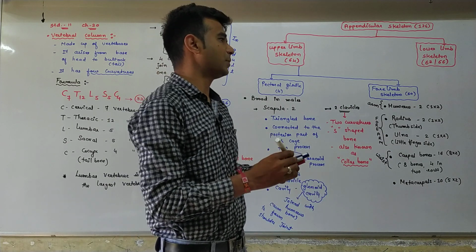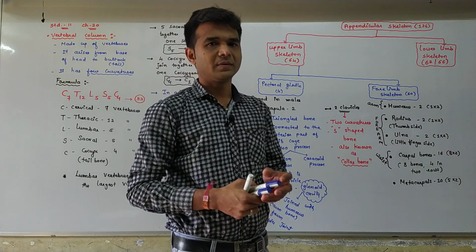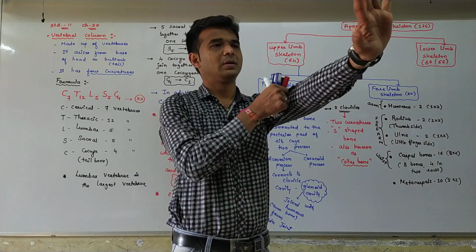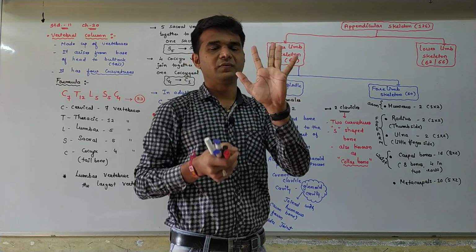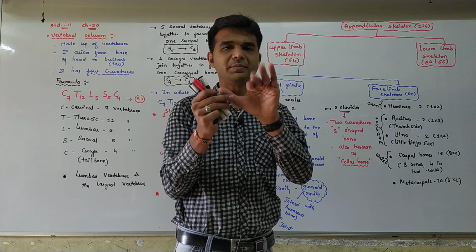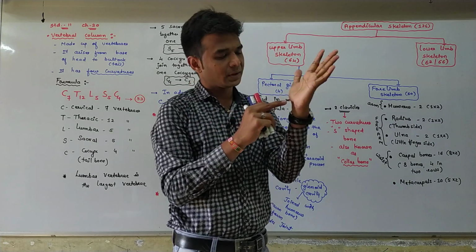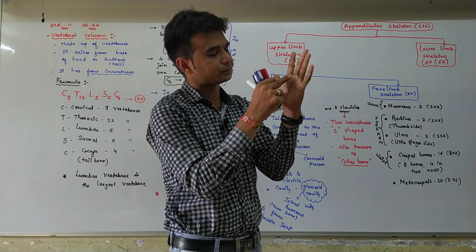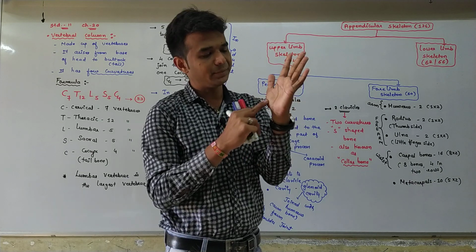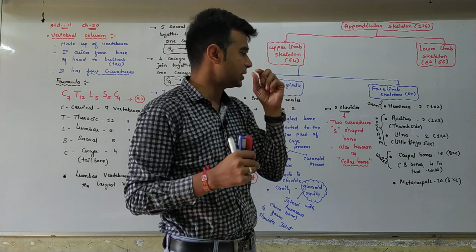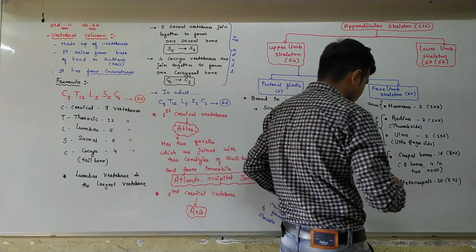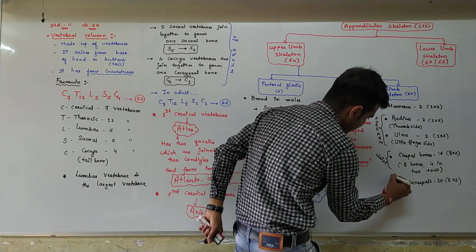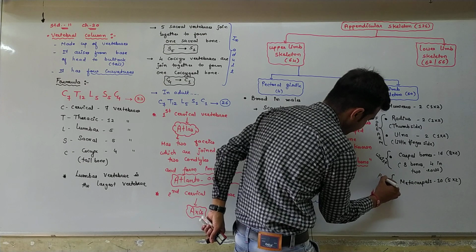Actually when you see properly, we have 5 digits. Fine, but 1 is the thumb and 4 are fingers. So for that, 5 bones are there in the palm region. These are known as metacarpal bones or metacarpals, the palm region.